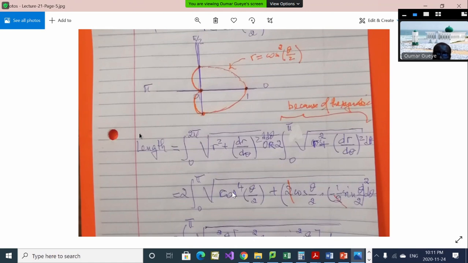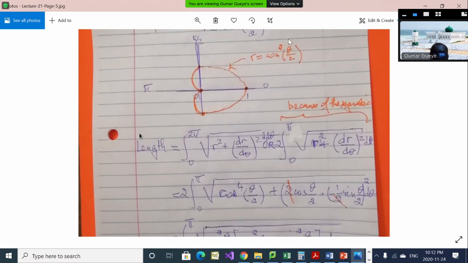And we apply what the formula says. You take the square of r. R is right here. When you square it, it becomes cosine to the power of 4. That's what we got here. Because we square the cosine square. And second term under the square root, you have to differentiate r with respect to theta, and you take the square root. But when you differentiate r with respect to theta, you have to use the chain rule.